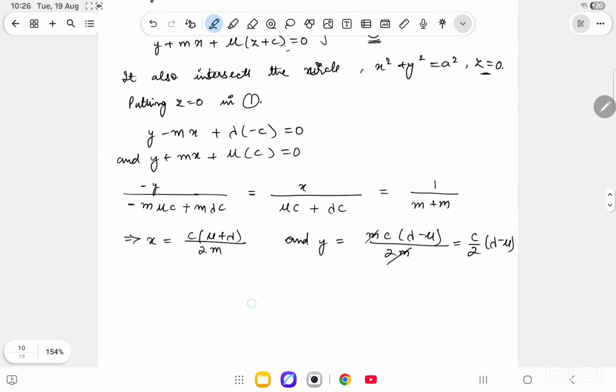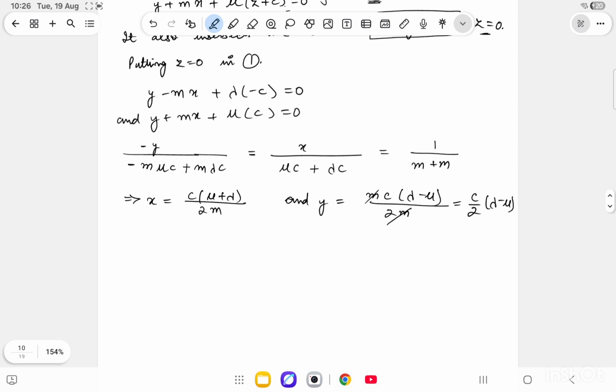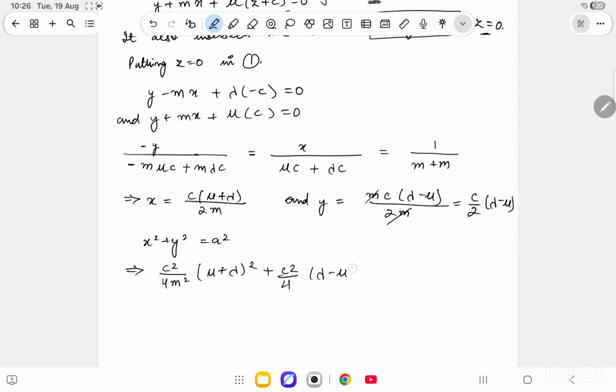Also in the question it is given that x square plus y square equals a square. So substituting the values of x and y in that relation, I'll get c square by 4m square (mu plus lambda) square plus c square by 4 (lambda minus mu) square equals a square.